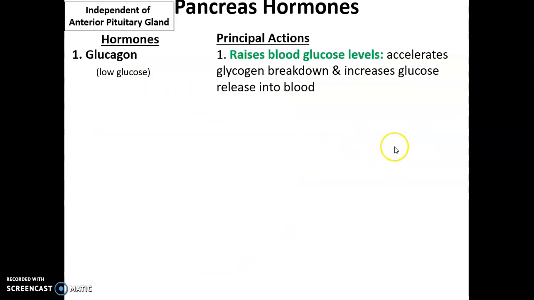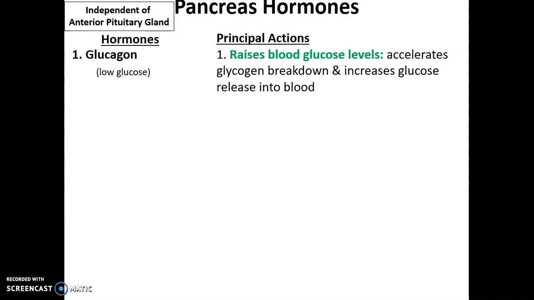All right, first hormone is glucagon. Glucagon is released when there are low glucose levels in the bloodstream. So glucagon will act to raise glucose levels in the bloodstream. It does this by accelerating the breakdown of glycogen. Glycogen is how our body stores glucose in the cells, especially the liver and muscle cells.